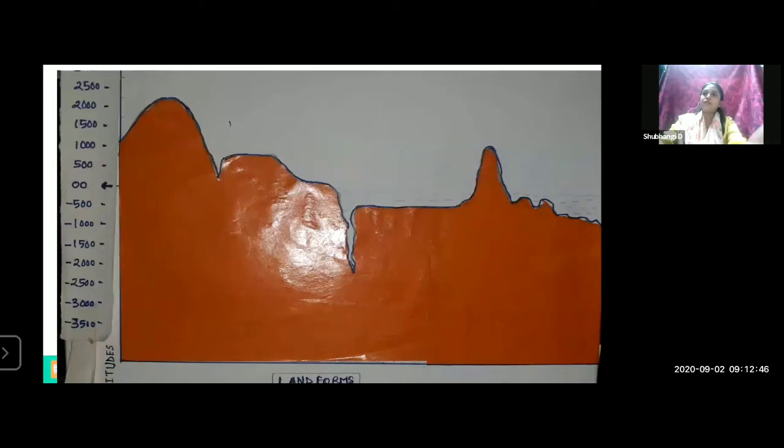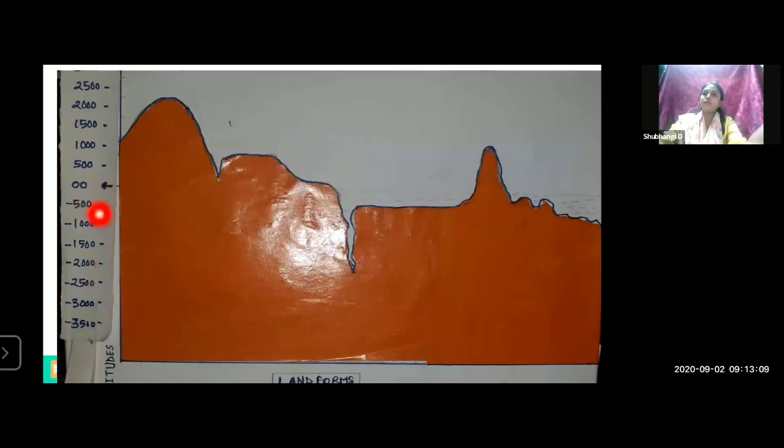So here you can see the screen is about landforms. You can see various landforms, which you have studied earlier, and also the altitude. At the 0 level you can see sea water.